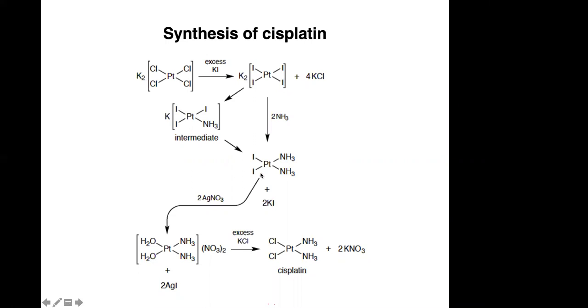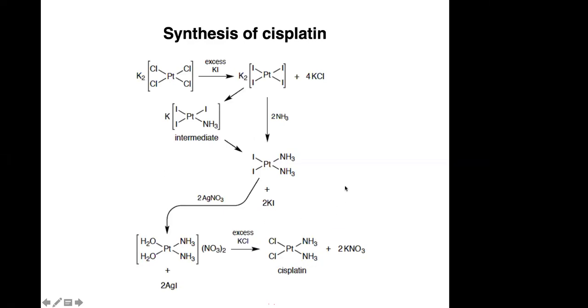And then you can do a metathesis reaction to precipitate silver iodide and substitute iodide for water, right? Ammonia is neutral and doesn't precipitate. And then that water can be substituted with chloride to form cisplatin.